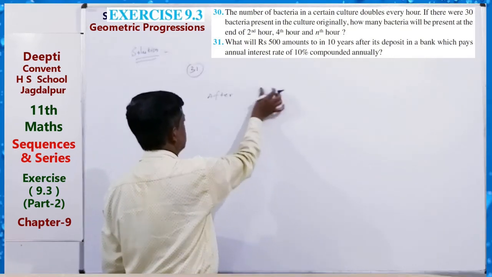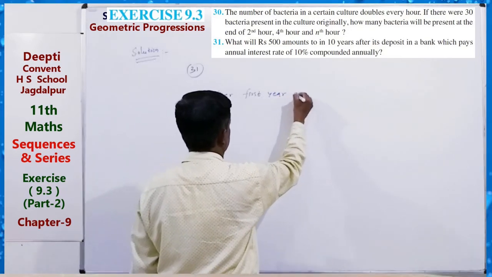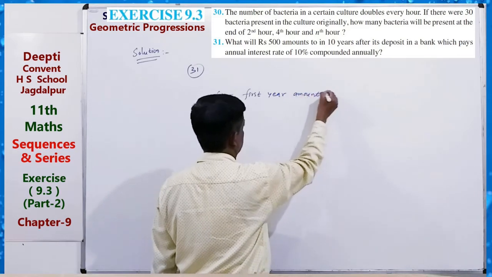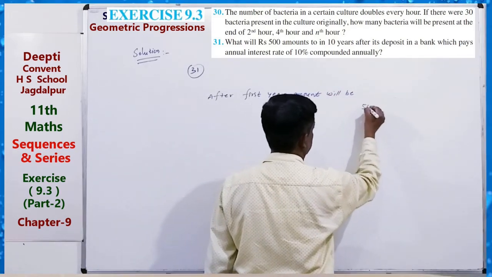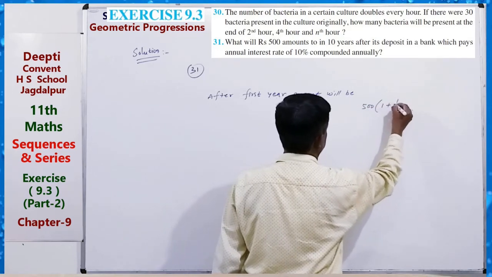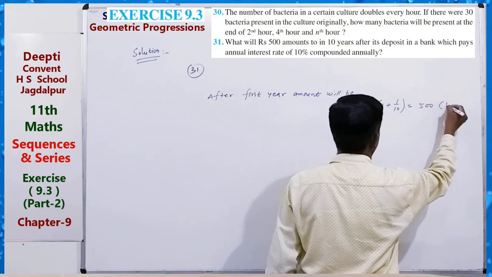So after first year, amount will be what? 500 into 1 plus 1 by 10. That is 500 into 1.1.